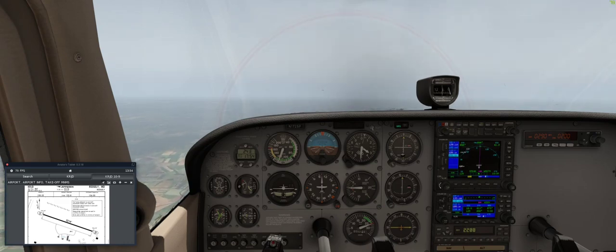Okay, that gets us into, what did I say, 114.80. And we'll hit this button to push it to the active slot. Now we're tuned to that. And right now it's telling us we're 40 nautical miles from it, 40.4. And we're on a 276 radial to it.